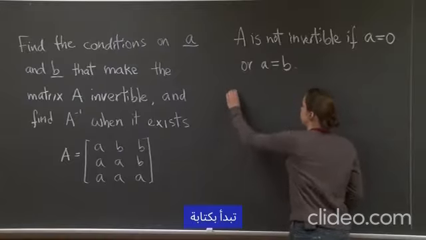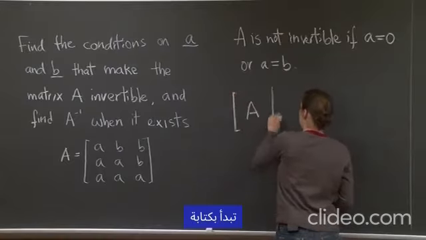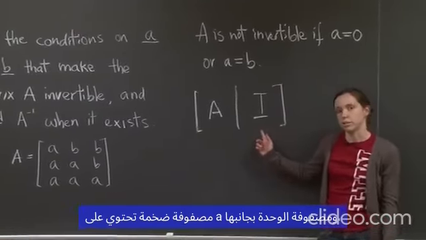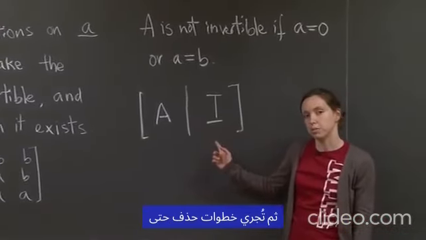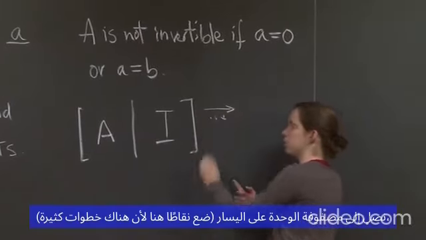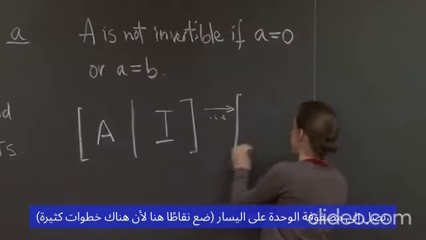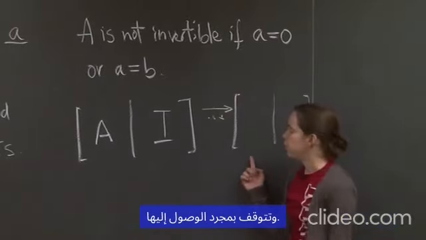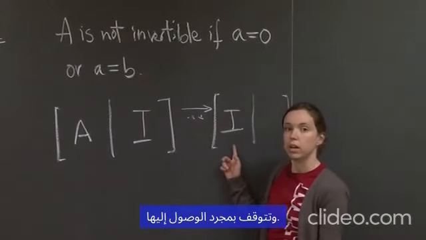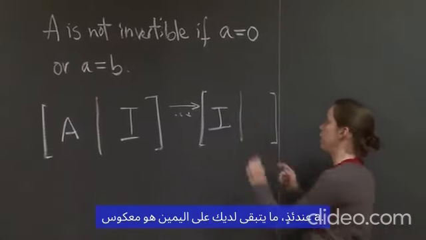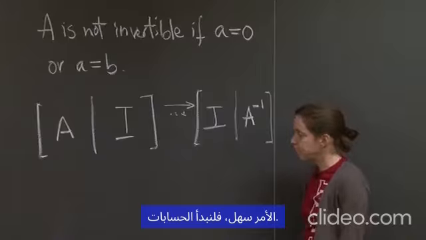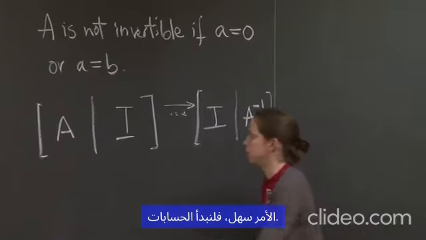You start by writing a giant matrix that has A and the identity next to it, and then you perform elimination steps until, well, let's put dots here because there's lots of steps. And you stop once you've reached the identity matrix on the left side. And when you do that, what you have on the right side will be your A inverse. Easy enough. So let's do the computations.